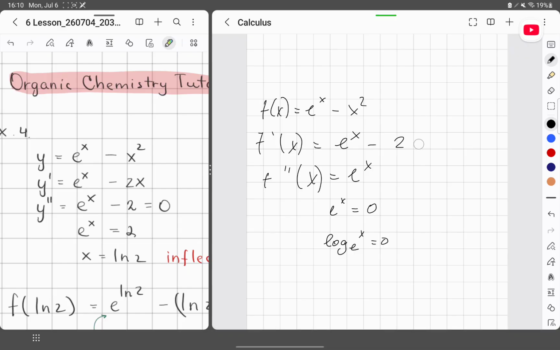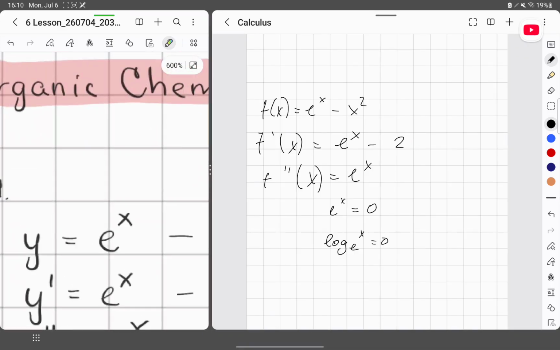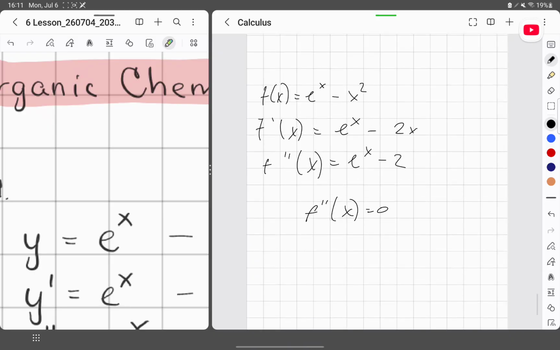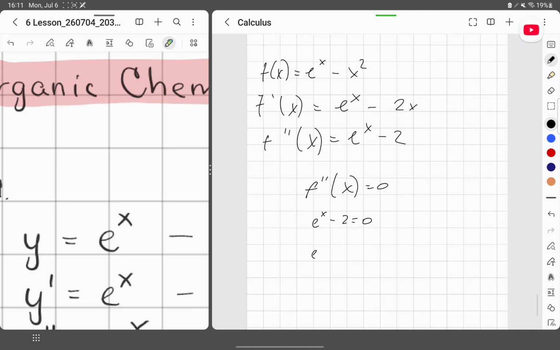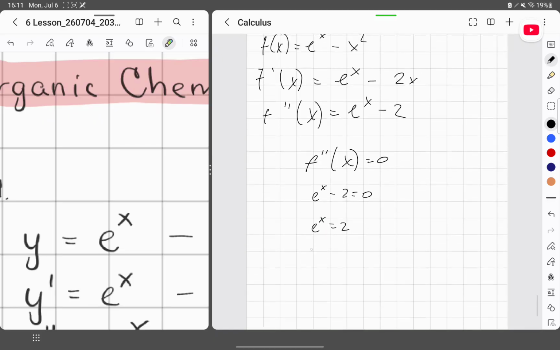Oh my gosh, I'm sorry, I forgot. It must be like this: e to the x minus 2x, and the second derivative is e to the x minus 2. Set it to 0, so e to the x will be 2. And what about this one?